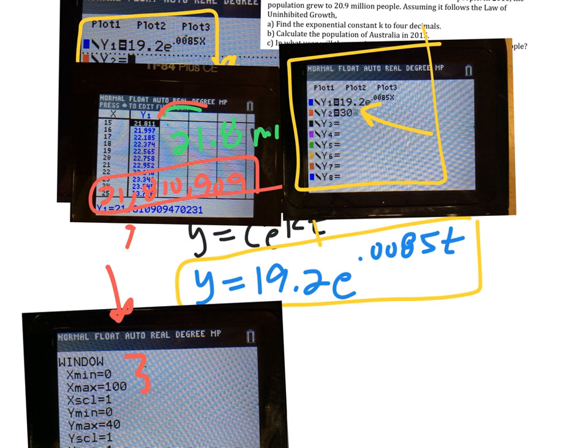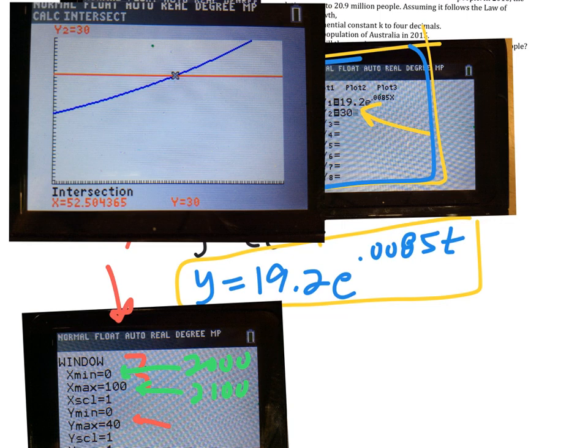So I'm going to look from the year 2000, which is x equal to 0, to the year 2100. So that's why I set my x-min and my x-max to 0 and 100. And since I am graphing y2 equal to 30, I chose to set my y-max equal to 40. And now I'm going to look for the point of intersection of these two lines.